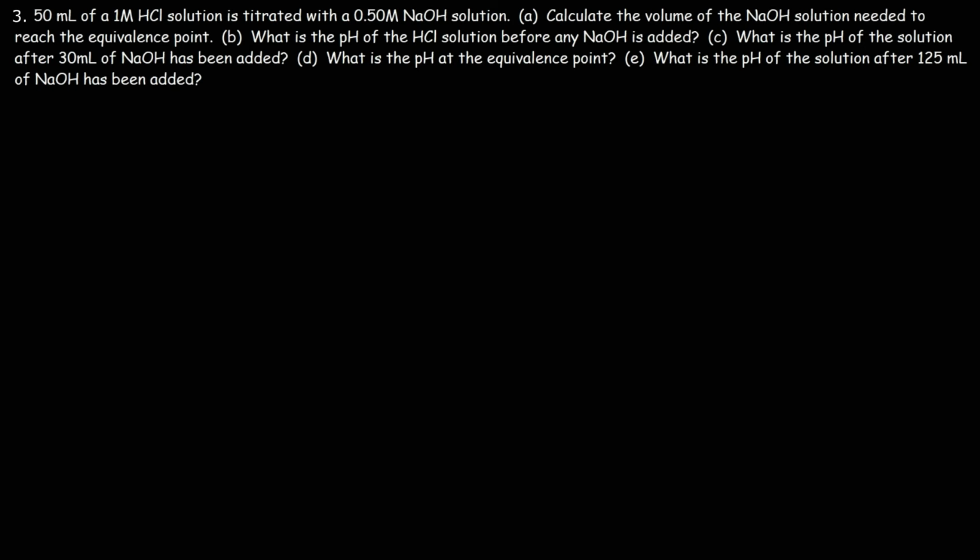Now let's move on to part C. What is the pH of the solution after 30 milliliters of sodium hydroxide has been added? So we need to write a reaction. So hydrochloric acid is going to react with sodium hydroxide. And when hydrogen and hydroxide get together, it's going to form water.